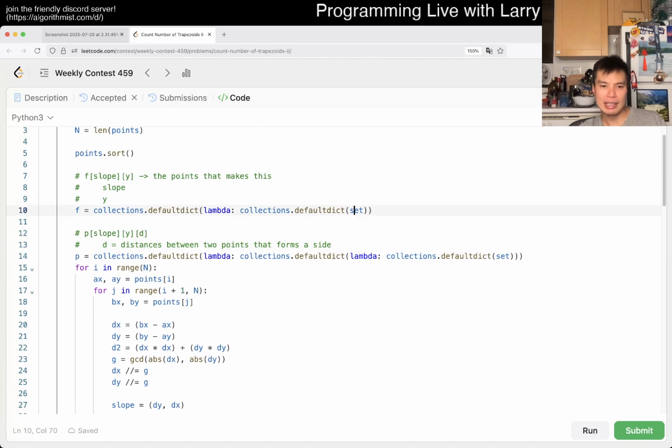And the reason why we have a set here is just so that, you can imagine if the three collinear points are exactly the same, then you don't want it to show up 3 choose 2 times. Well, 3 choose 2 is 3, but that's a bad example.